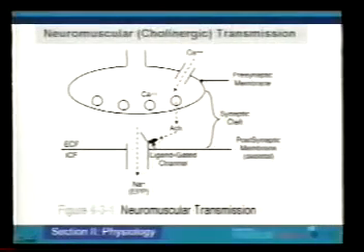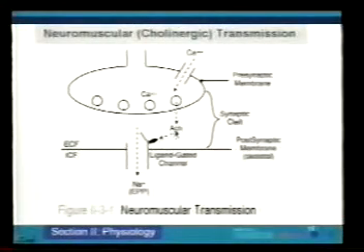Now, these ligand-gated channels are regulated by the attachment and then the removal of the transmitter. These are the important characteristics of this specific ligand-gated channel. If there is no acetylcholine attached to this receptor, the channel would be closed. All of these ligand-gated channels would be closed on the postsynaptic membrane.